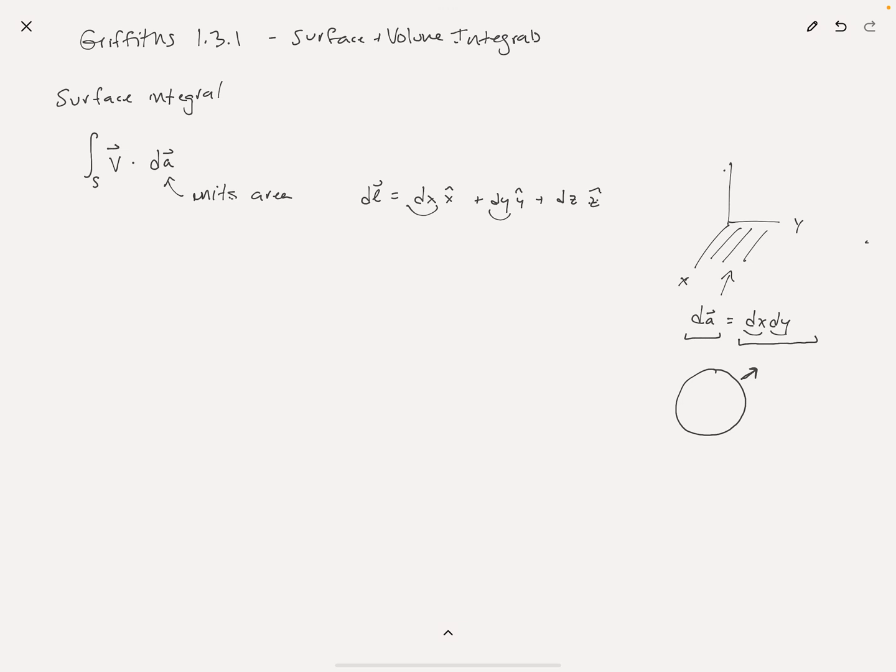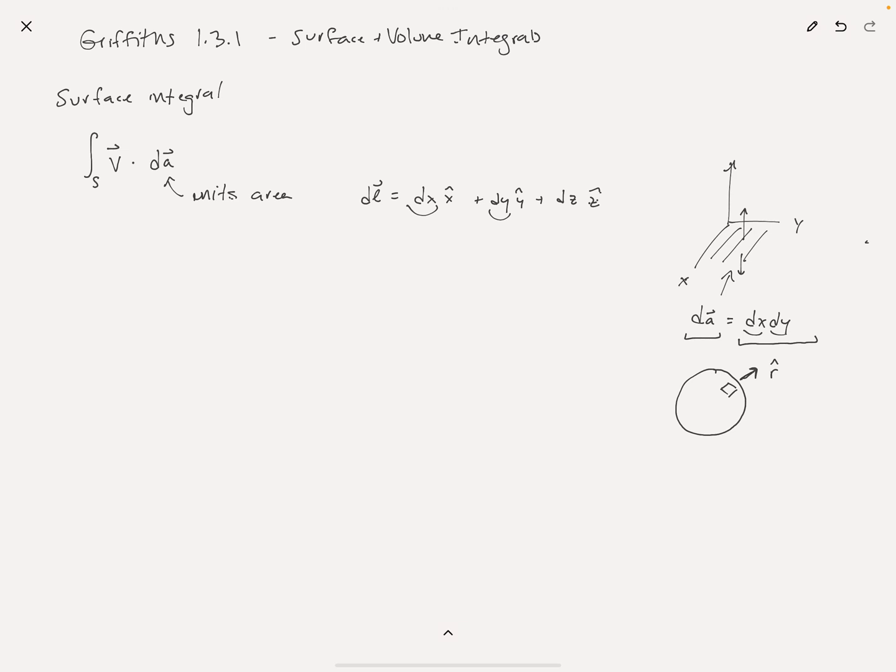You can either pick something that is in the plus z hat direction or the minus z hat direction if there's no difference between an open and closed. That choice is arbitrary. But if you have some little infinitesimal patch on a sphere, the direction of that dA is going to be radially outward, in the r hat direction.